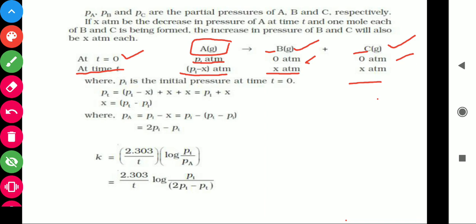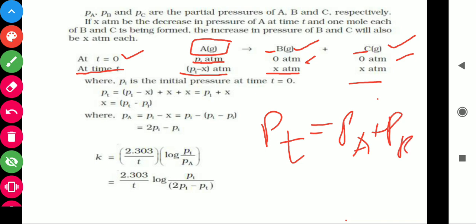Now we will calculate the PT, PT means P total for this reaction. That will become PT is equal to PA plus PB plus PC. We will write the values. PA is equal to P1 minus x, PB is equal to x, and PC is also equal to x.